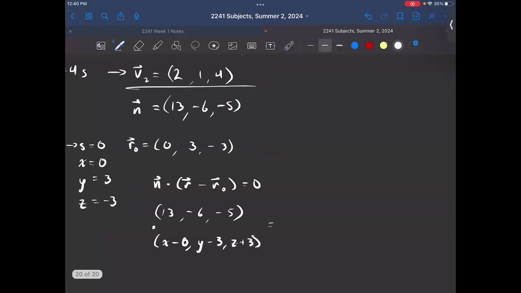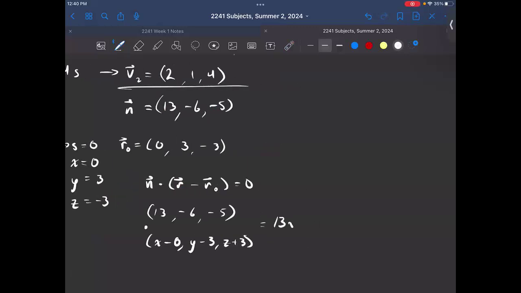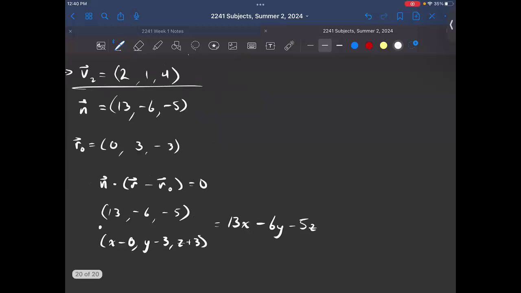That'll give us 13x minus 6y minus 5z. And then for our constant, we've got plus 18 from 6 and 3, and then minus 15 from 5 and 3. So this is equal to 0. And then finally, the equation of our plane is 13x minus 6y minus 5z plus 3 equals 0.